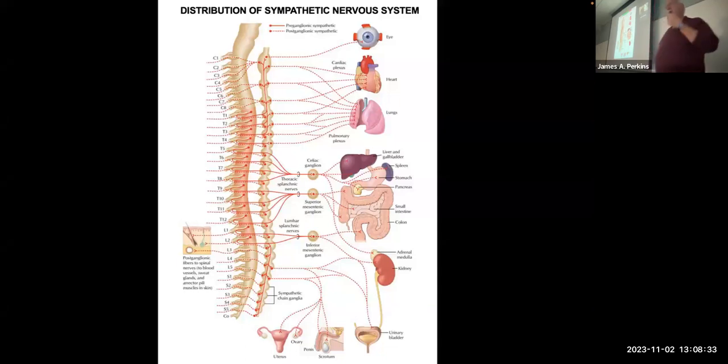Sometimes they're called prevertebral ganglia. Each ganglion has its own name. There's a superior mesenteric ganglion, an inferior mesenteric ganglion, a celiac ganglion. So some of these preganglionic neurons go right through the sympathetic chain and synapse instead in these three ganglia down in the abdomen. And then the postganglionics from those ganglia then travel all the way to the digestive organs in the abdomen.